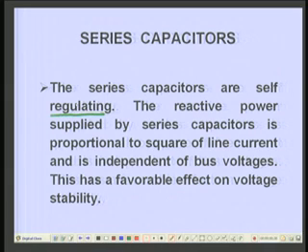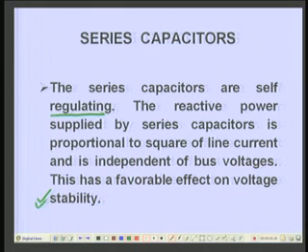The reactive power supplied by a series capacitor is proportional to the square of the line current and is independent of bus voltage. This has a favorable effect on voltage stability. Whenever there is a problem of reactive power demand not being met, because I have already told you that voltage stability is the problem of insufficient reactive power sources, right.